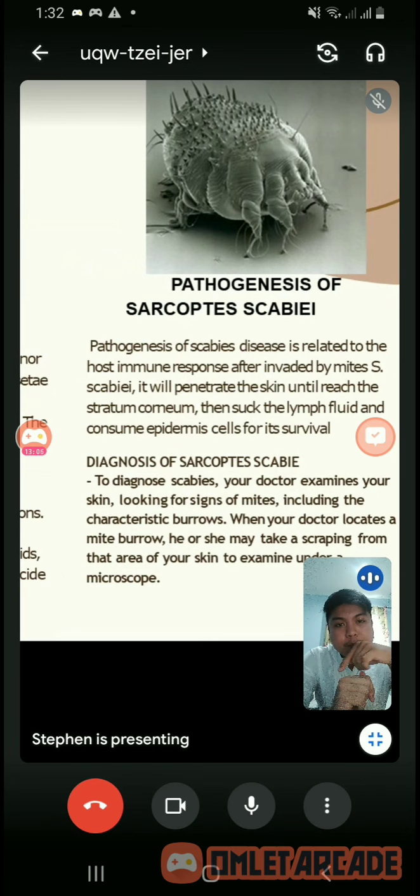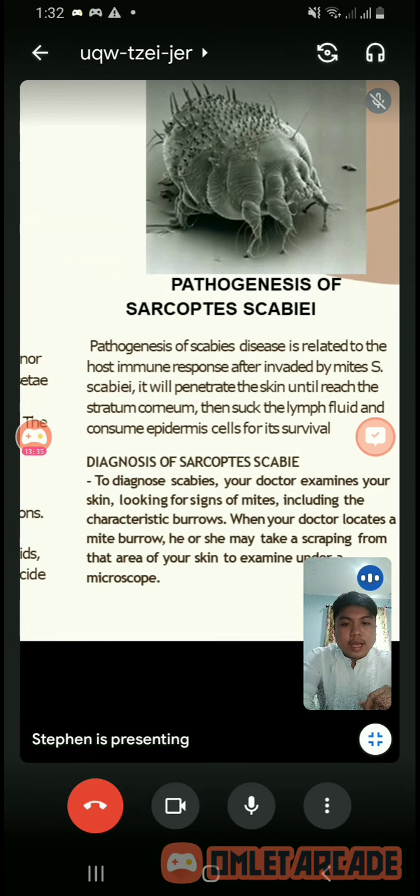So, pag sinabing i-penetrate, tutusok niya, then, until reach the stratum corneum, then, suck the lymph fluid and consume epidermis cells for its survival. So, sinasabi na dito, consume epidermis cells, sabi natin, may pagkakanibal pala itong galis na to. Hindi daw siya mabuhay pag di daw niya kinakain yung cells sa epidermis, sa outer layer ng balat natin.